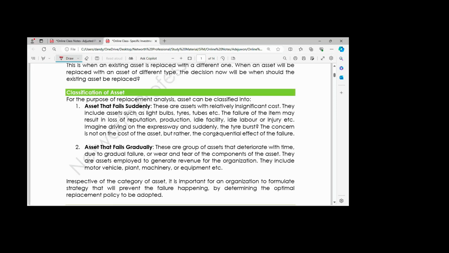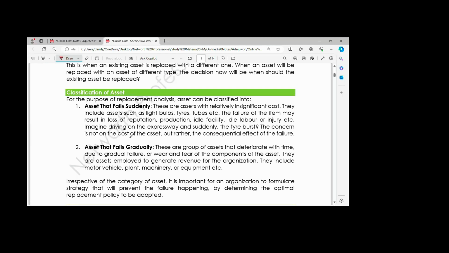So that's why it is important for the company to establish a policy in relation to the asset replacement strategy to be adopted. Also, imagine one is driving on the expressway and the tire just bursts. God forbid. You can imagine what could happen, the consequential effect of that failure. So the company wants to guard against it. That's why we are learning this. All right.